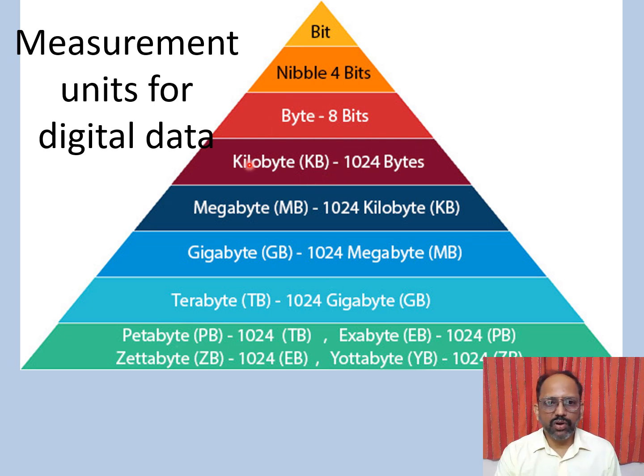1024 bytes is called 1 kilobyte. 1024 kilobytes is called 1 megabyte. 1024 megabytes is called 1 gigabyte, and 1024 gigabytes is called 1 terabyte, and 1024 terabytes is called 1 petabyte, and 1024 petabytes is called 1 exabyte, and 1024 exabytes is called 1 zettabyte, and 1024 zettabytes is called 1 yottabyte.